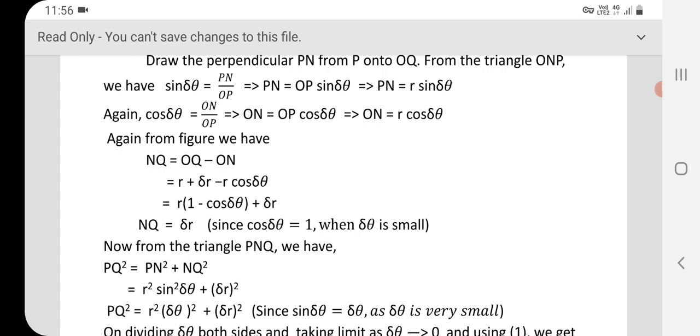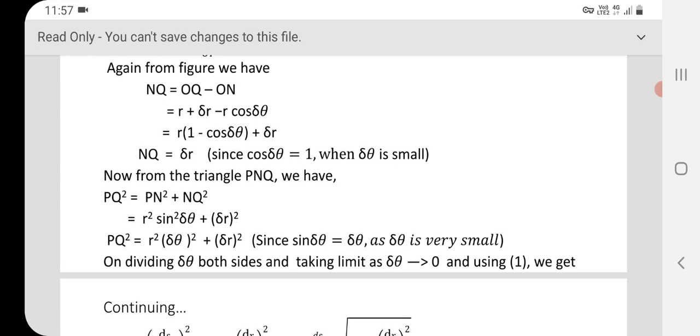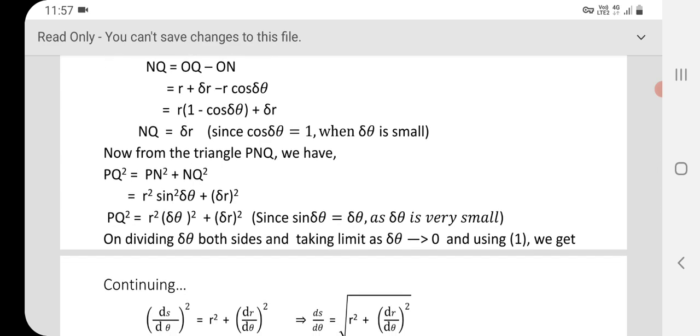Therefore, from the triangle PNQ, we have PQ square equals PN square plus NQ square. Now PN is r square sin square delta theta, plus NQ is nothing but delta r, whole square. Otherwise, it is nothing but r square delta theta whole square plus delta r whole square, since sin of delta theta equals delta theta as delta theta is very small.